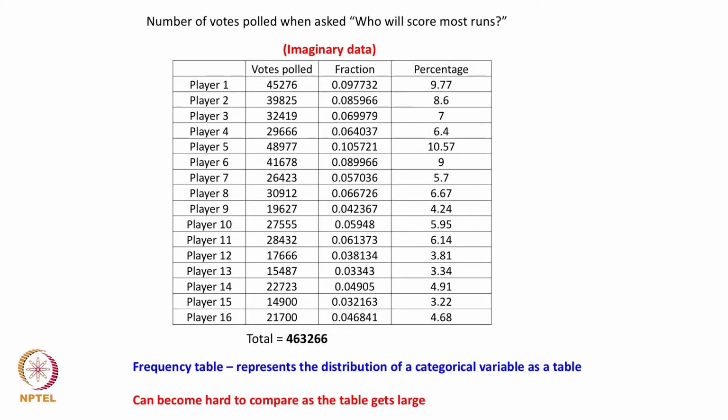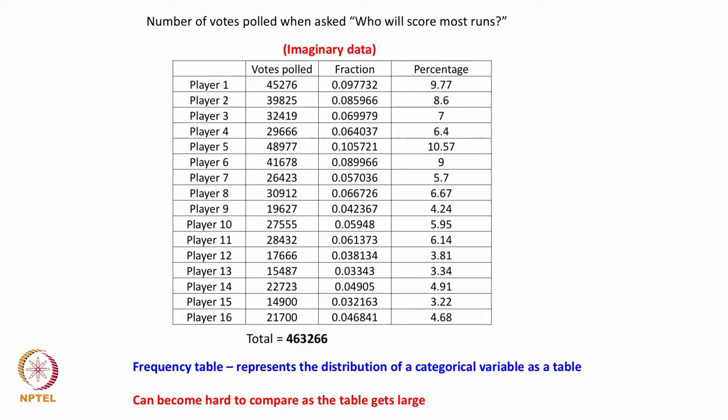Because this is represented as a percentage, the percentages would add to 100 and the ratios would add to 1. So now this is a data table, or a frequency table, which represents the distribution of a categorical variable as a table, and the categorical variable is the number of votes polled.